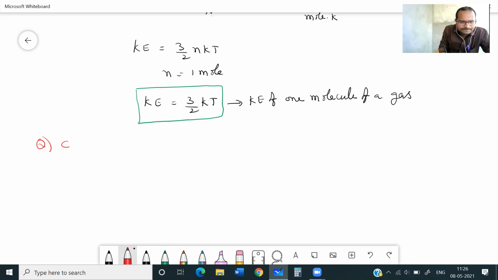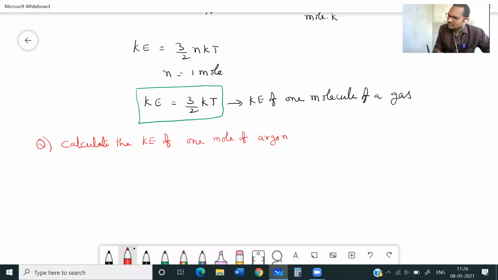Calculate the kinetic energy of 1 mole of argon gas at a temperature of 127 degrees centigrade. See, the temperature I have given in centigrade.